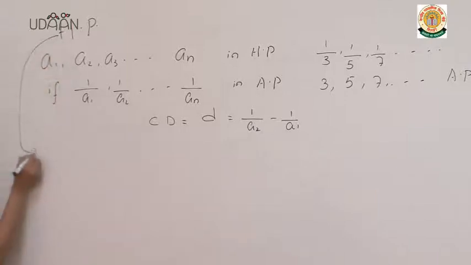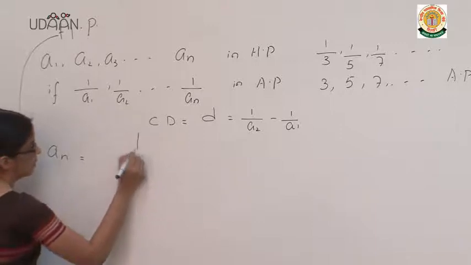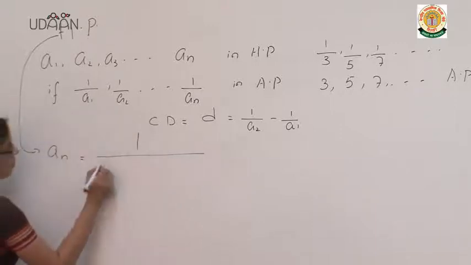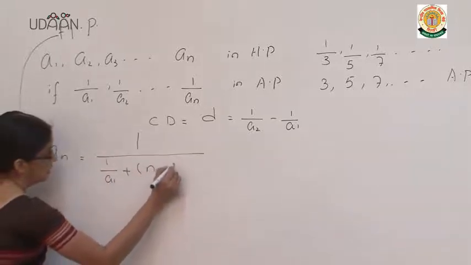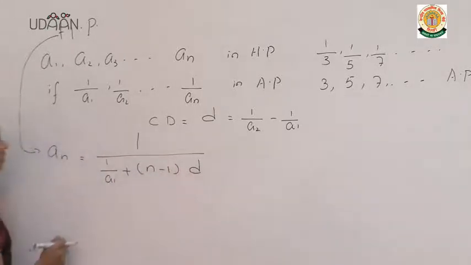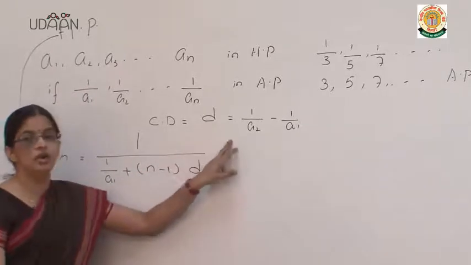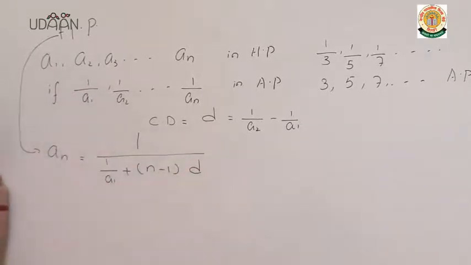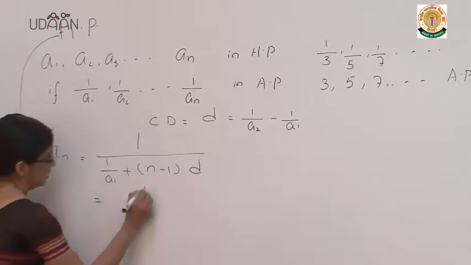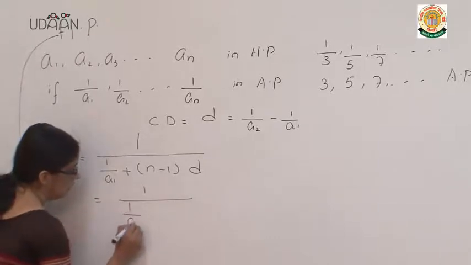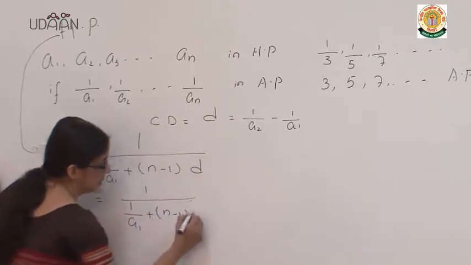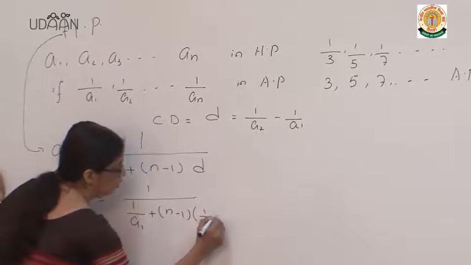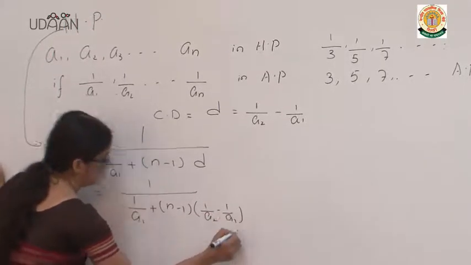Then An of the harmonic progression is given by 1 by [1 by A1 plus (n minus 1) into D], where D is the common difference of the arithmetic progression, which we can write as 1 by [1 by A1 plus (n minus 1) into (1 by A2 minus 1 by A1)].